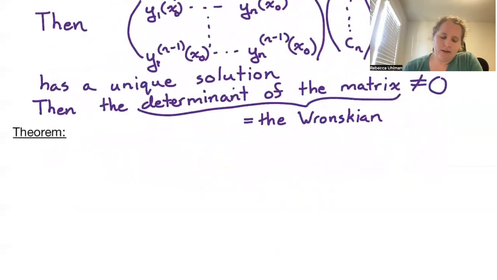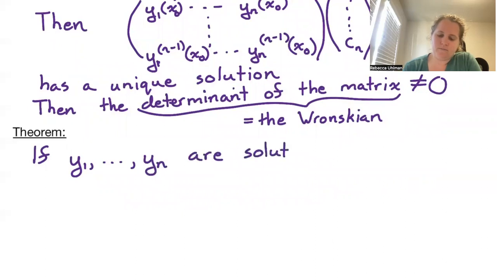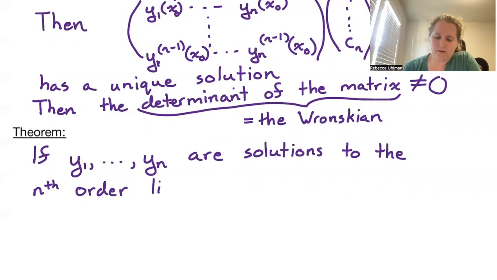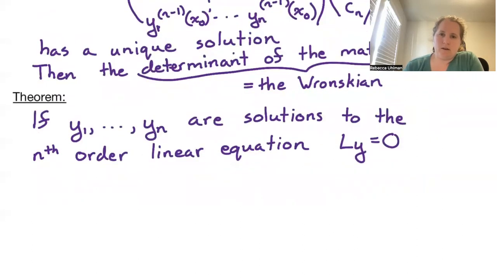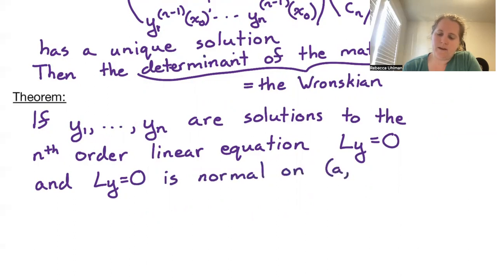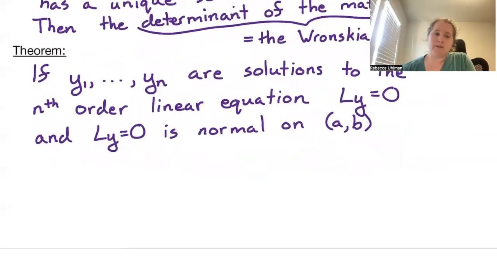What we have is that if y1 through yn are solutions to the nth order linear equation Ly equals 0, and Ly equals 0 is normal on (a, b), which simply means it satisfies the conditions of the existence and uniqueness theorem, then the following statements are equivalent.